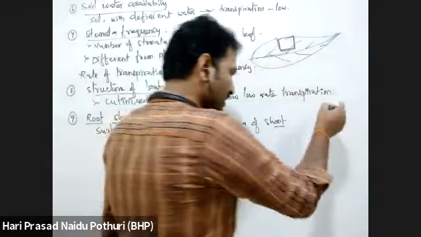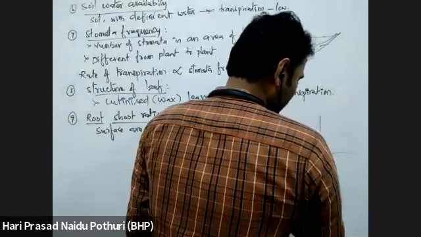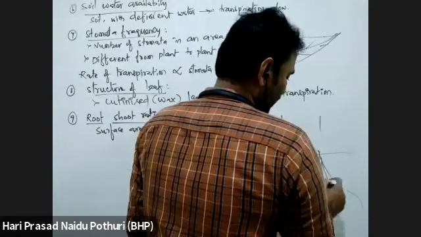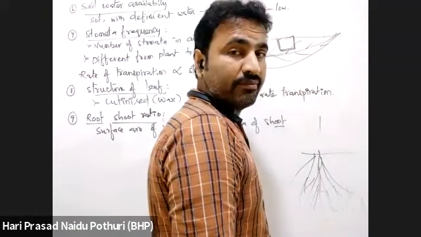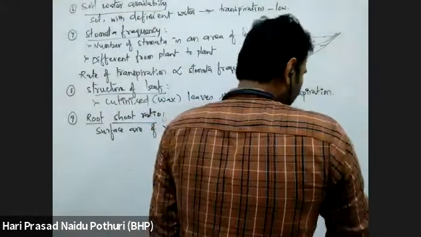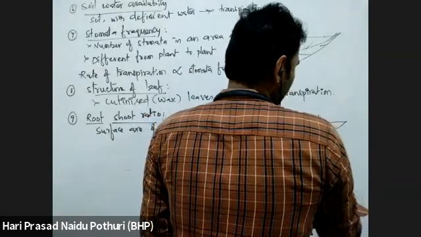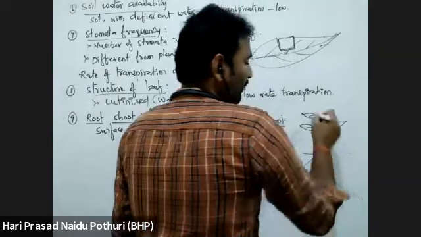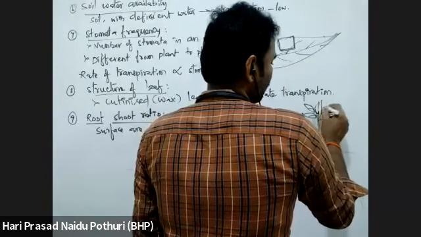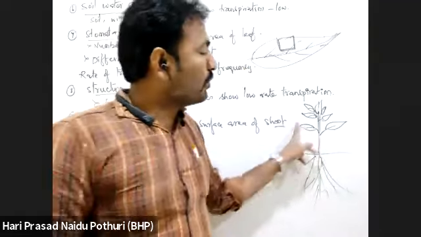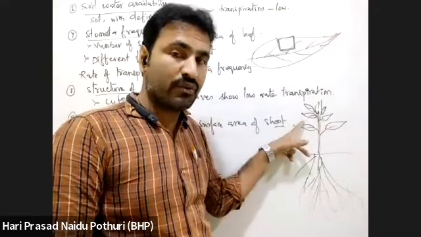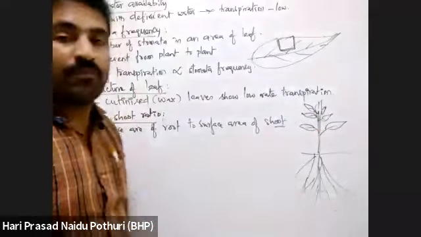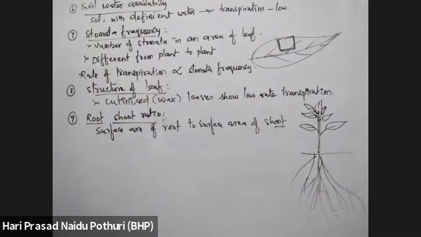That means if you take a plant, in that plant some roots are there, the main root, secondary roots, lateral roots, rootlets, and this is a stem which may have branches or leaves. If we take this plant like this, what is the root shoot ratio? Surface of leaves and everything, that is shoot surface, total surface of shoot and total surface of roots. That is what we can say root shoot ratio.